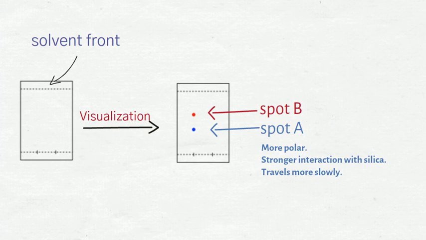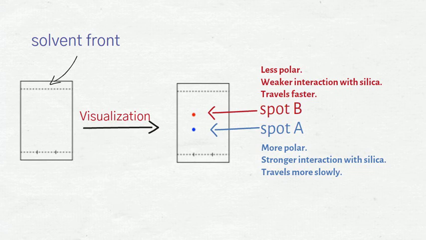They have similar physical properties and so they like hanging out with each other. Thus, compound A travels more slowly on the plate. Similarly, you are more likely to hang out with people who share similar characteristics with you. On the other hand, compound B is less polar and has a weaker interaction with silica gel, so it is going to travel faster and move further up the plate.